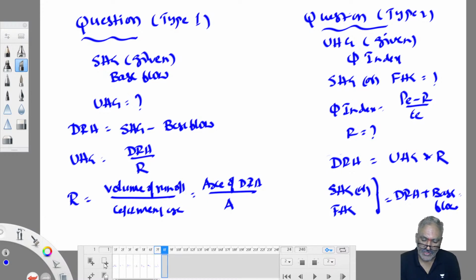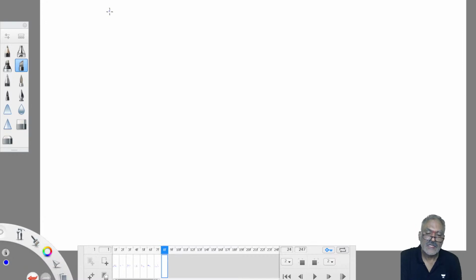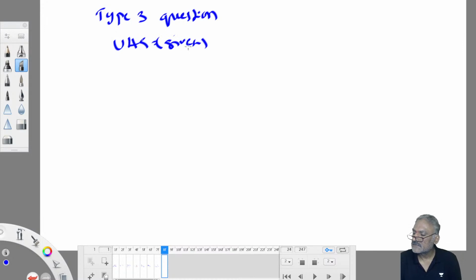And one more type of question that you can expect here is, whenever the unit hydrograph is given to you, you are expected to find out the catchment area. In that case, how to work out?